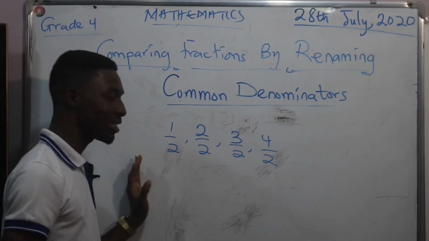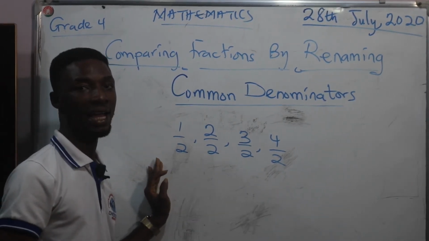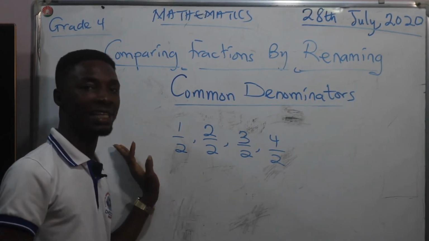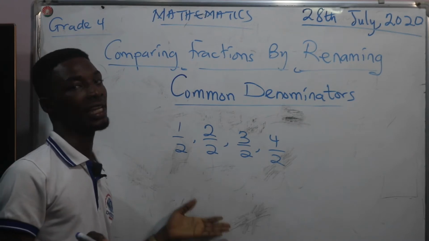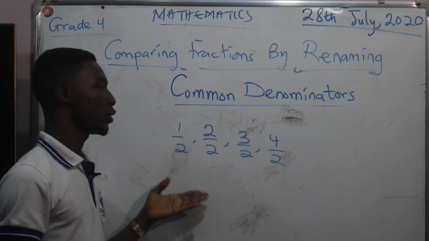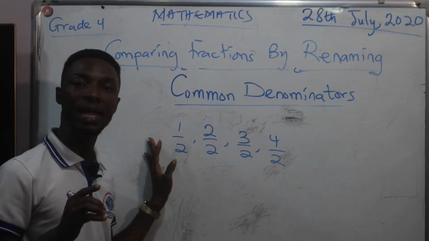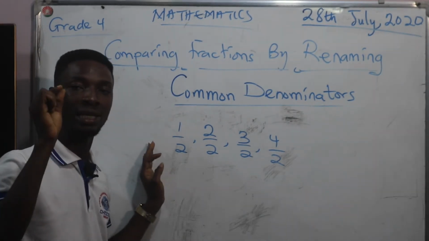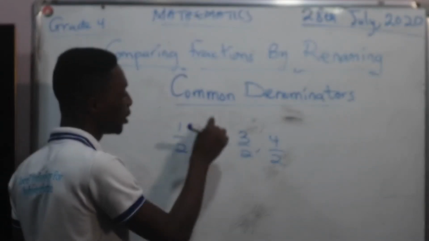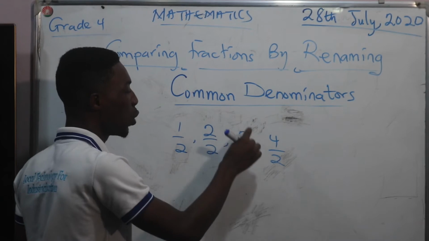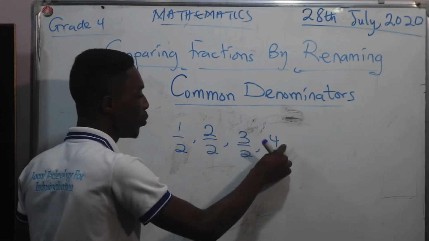Whenever the fractions have the same denominator, you put the denominator aside and consider only the numerators in the comparison process. So you arrange the fractions based on the magnitude or the size of the numerators. So this has a numerator of 1, numerator of this one is 2, numerator of this one is 3, numerator of this one is 4.